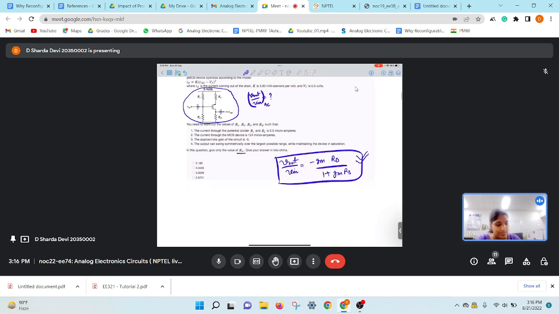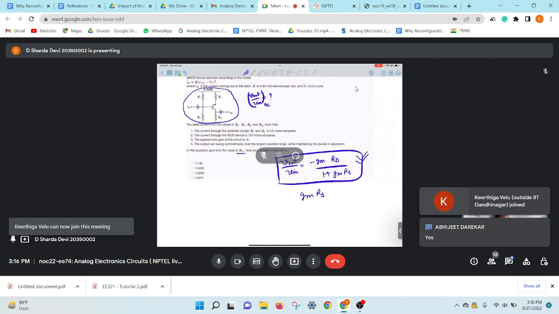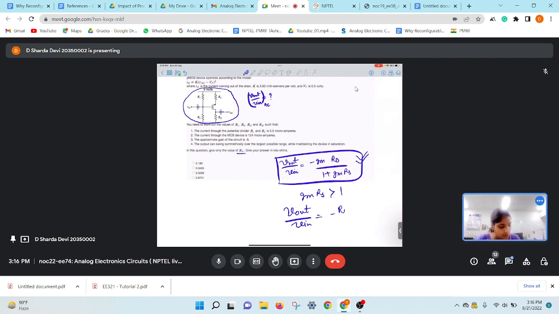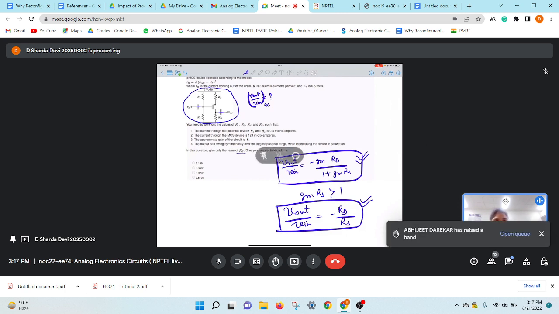This is the expression for gain, and if we try to reduce it, so we know GM RS is greater than 1, so we can reduce it to minus RD upon RS. So this is what you'll get. So may I know how many of you have got the answer correct? So maybe you can raise your hands. Yeah, Abhijit, I know you got it right. Other than Abhijit, anyone else?